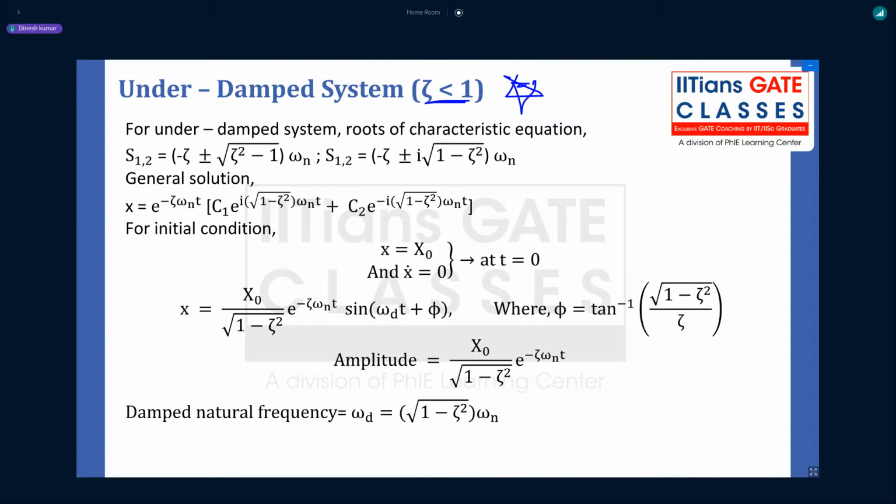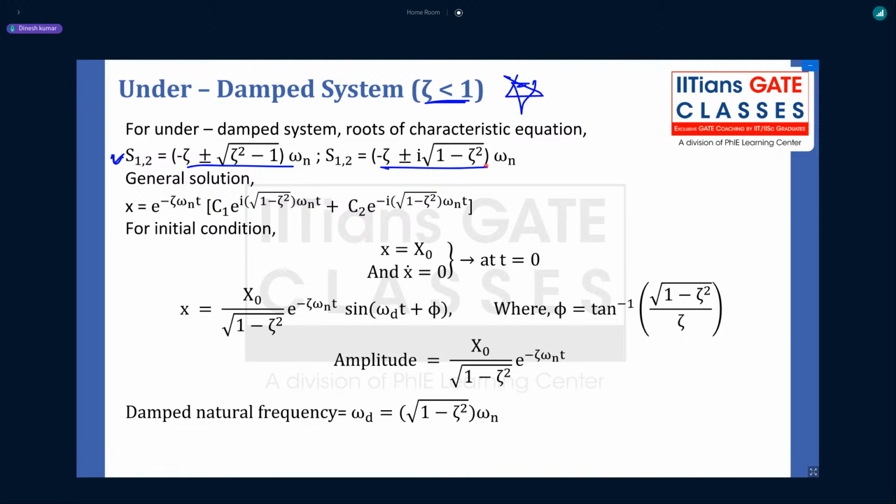Now for the underdamped system, the general solution is given by what? This is for characteristic roots. Your characteristic roots are given by this equation, and we know if zeta is less than 1, you will have an imaginary term also.